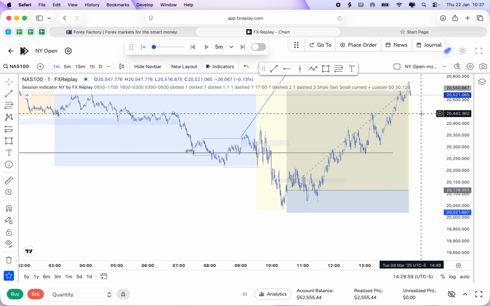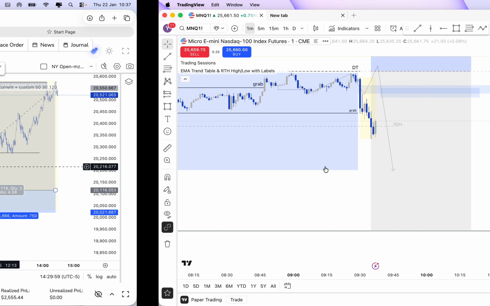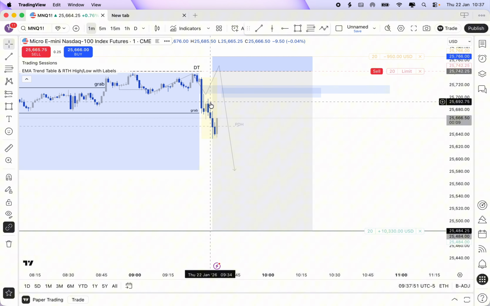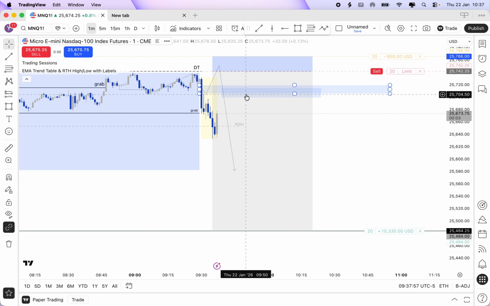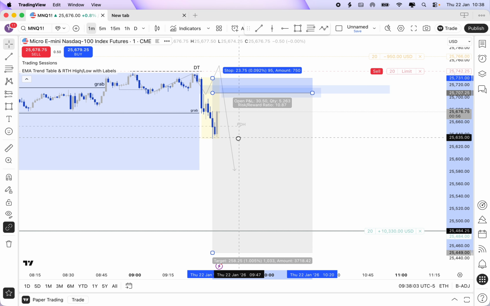So that was the manipulation and continuation and distribution model. We might be. There's a lot of sell side, buy side liquidity here. Can sweep that, tap into here. Yeah, I think we're in the reversal model.